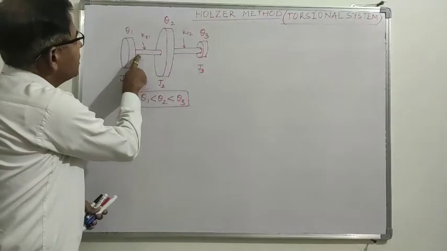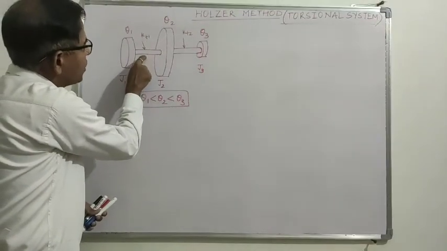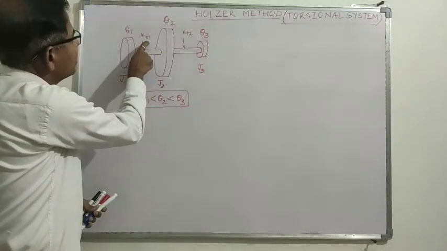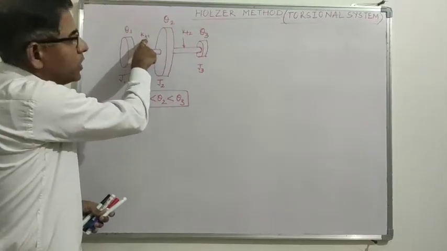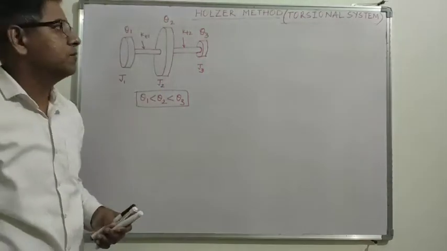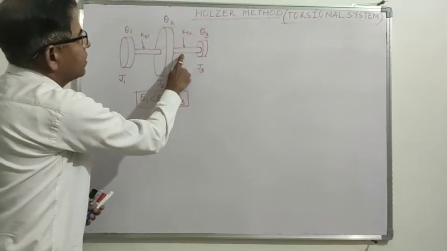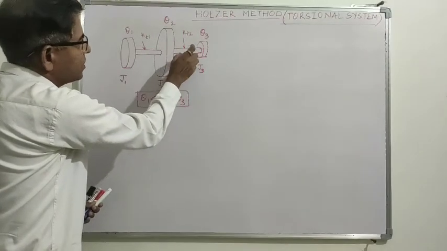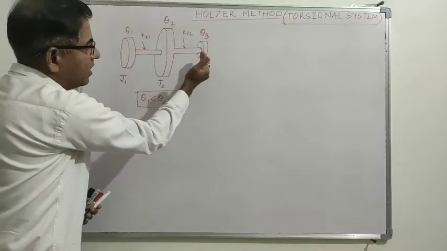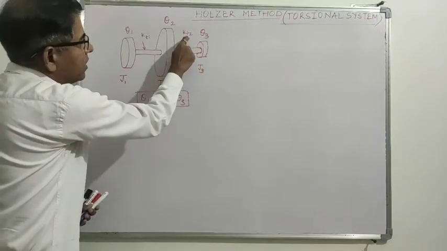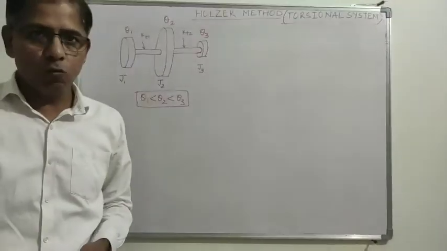Then the torsional stiffness of the shaft between rotor 1 and rotor 2 is given as KT1. Here T stands for the torsion. And the torsional stiffness between rotor 2 and rotor 3 is denoted as KT2.